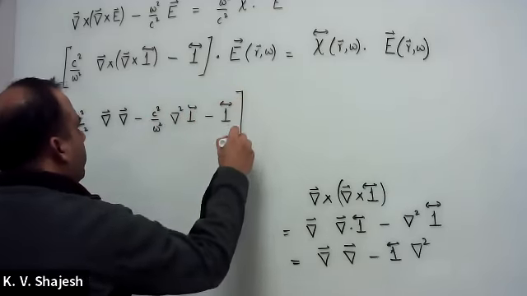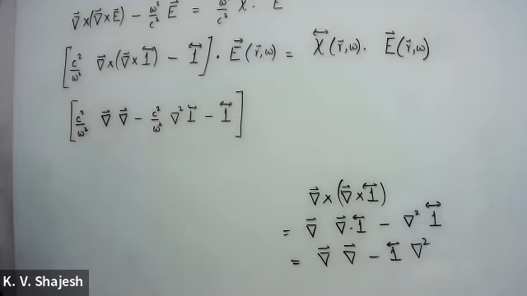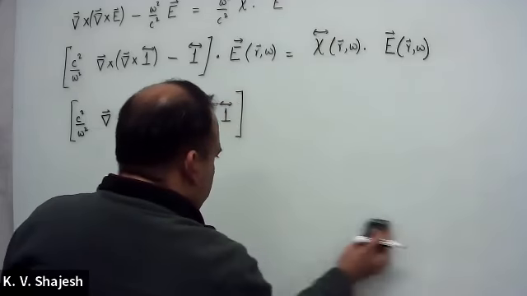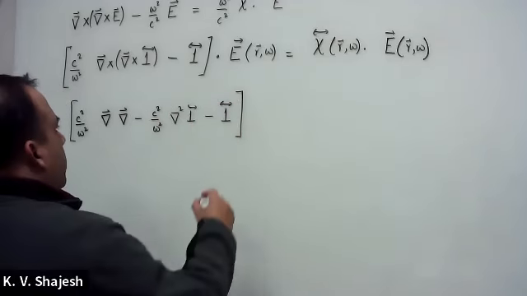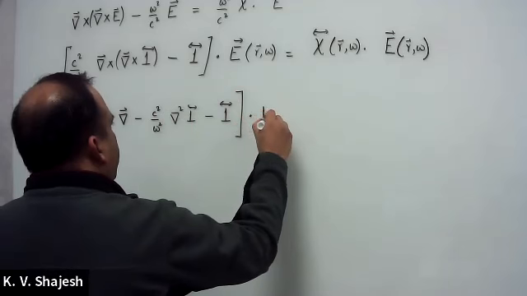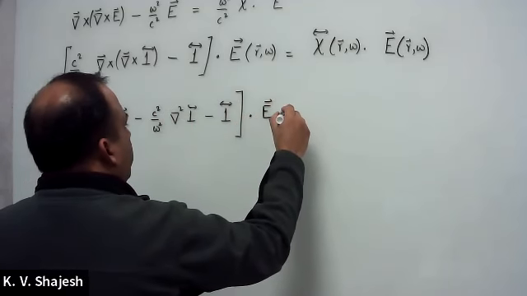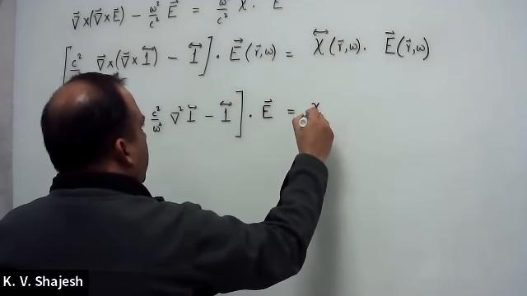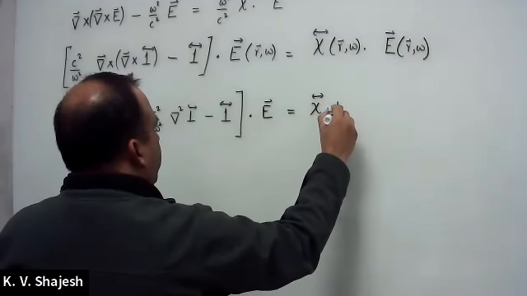That's just like rewriting basically here. Dotted with electric field is equal to chi dotted with the electric field.